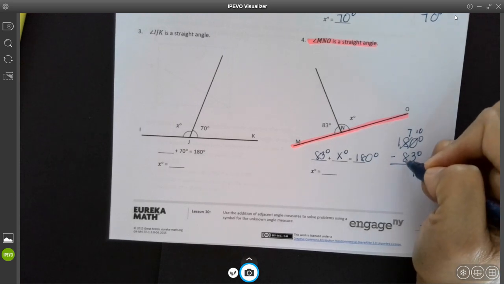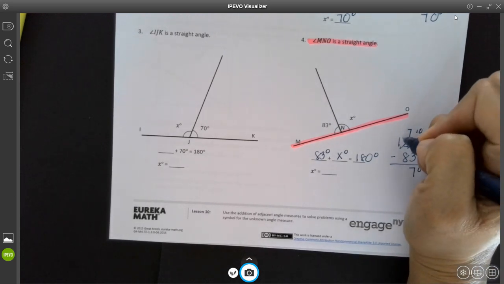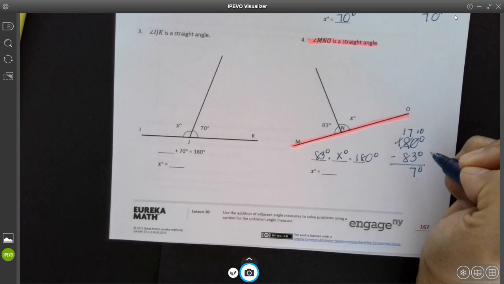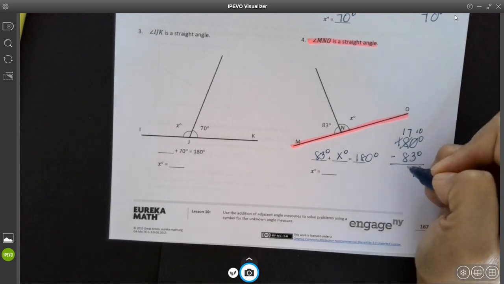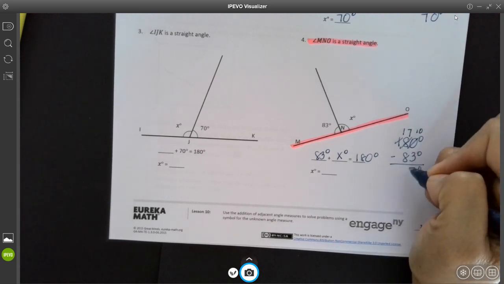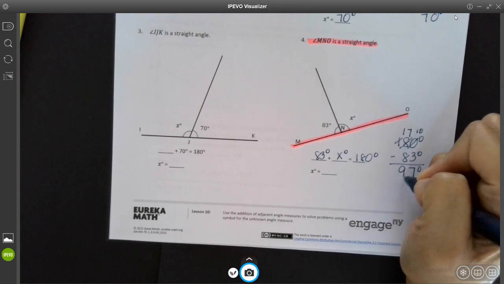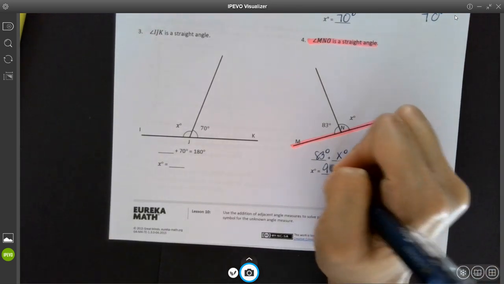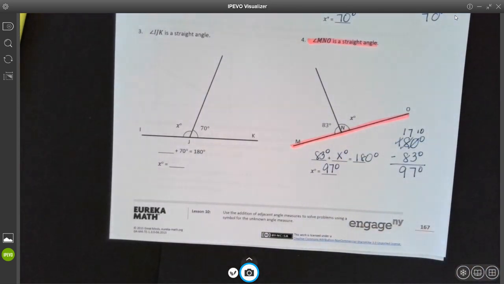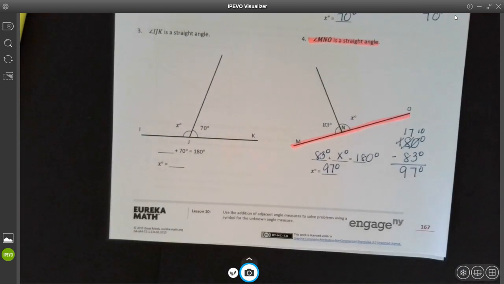I can't do 7 minus 8 in the 10, so it will be 17 minus 8, or I could have just done 17 minus 8, is 9. So it's 97 degrees. Okay, let's move on. You'll do number 3 on your own. And let's move on to our next one.